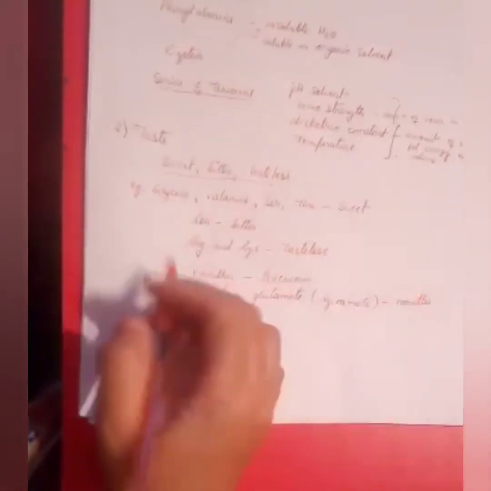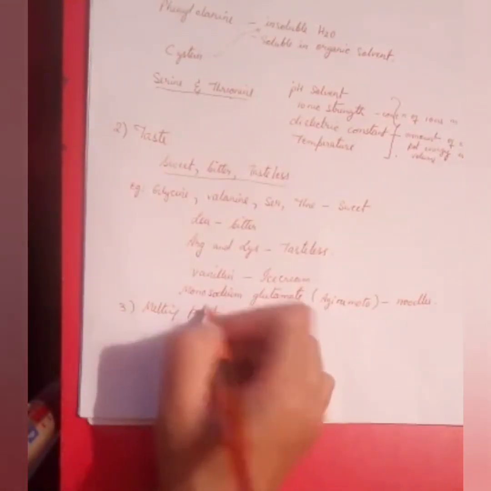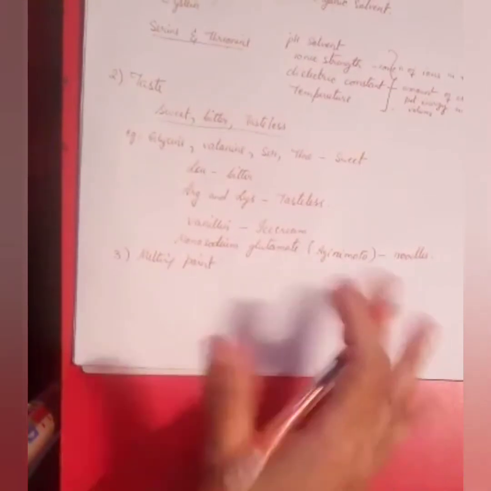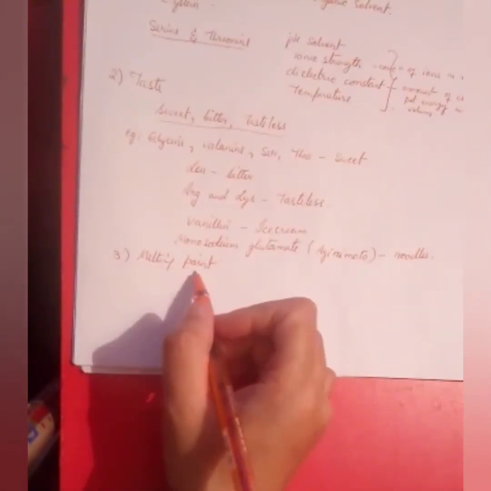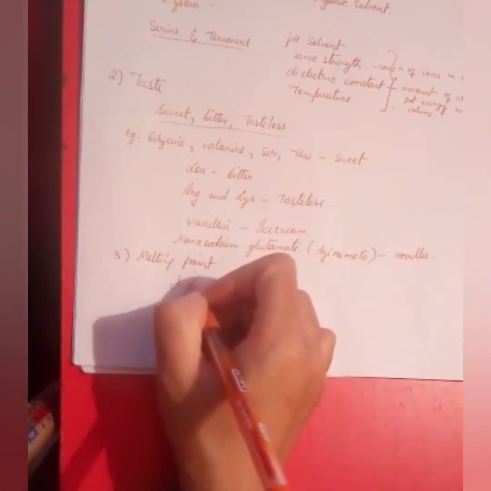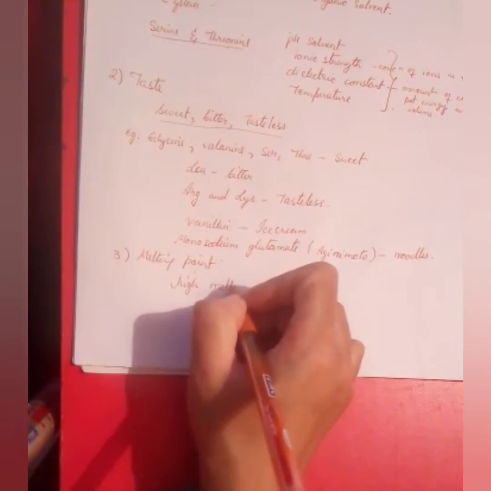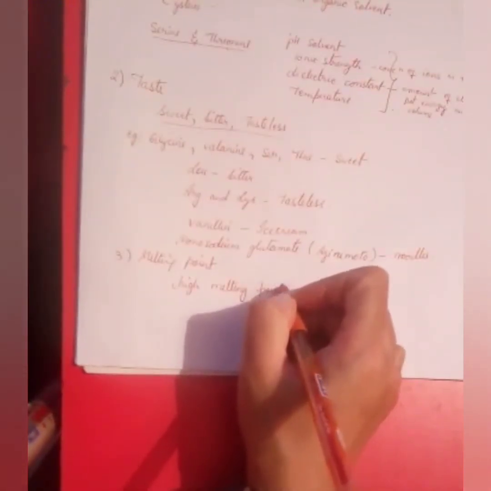Now coming to the next property, that is the melting point. Amino acids are unique among organic compounds in having a very high melting point.